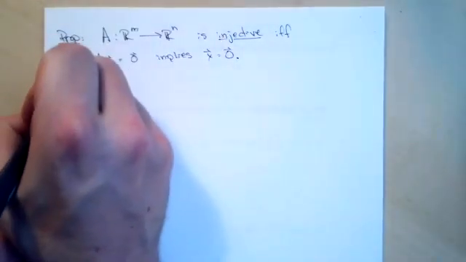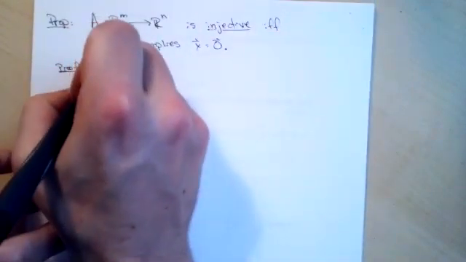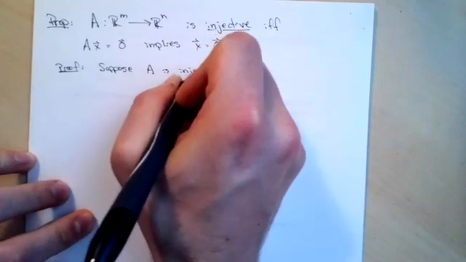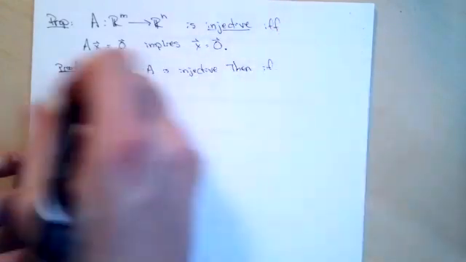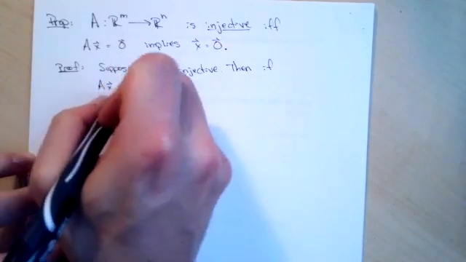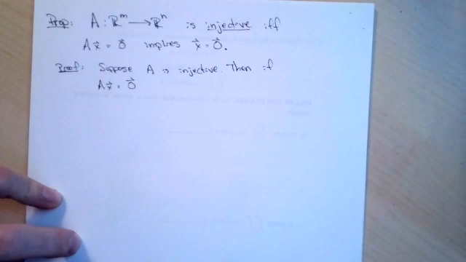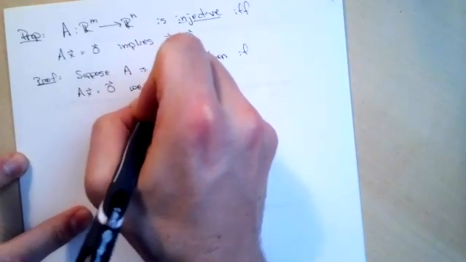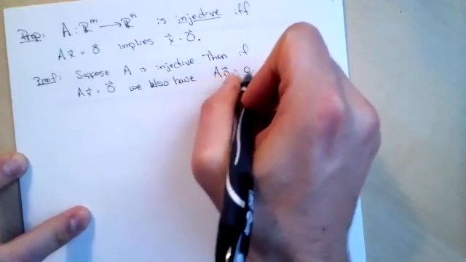So quick proof, maybe just a proof outline. We'll see how much we can get. So suppose A is injective. Then if A of x goes to the 0 vector, we also have that A of 0 goes to the 0 vector.